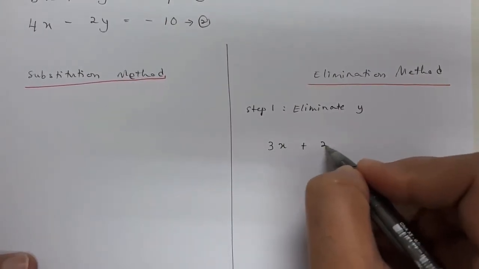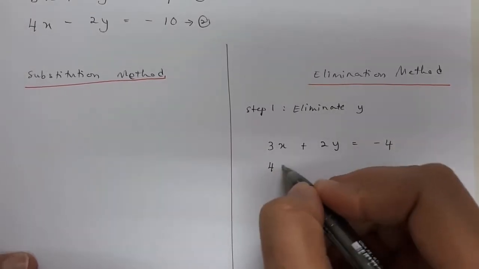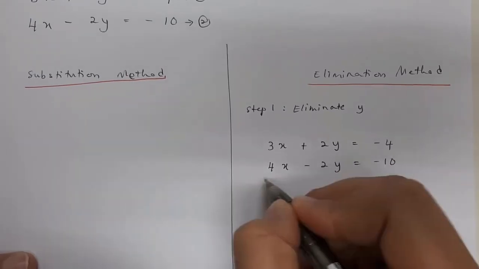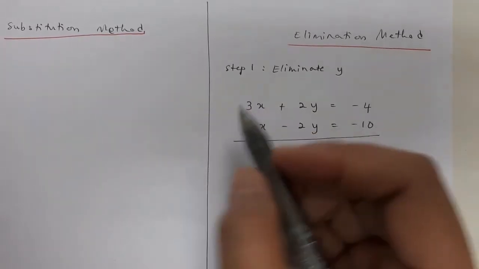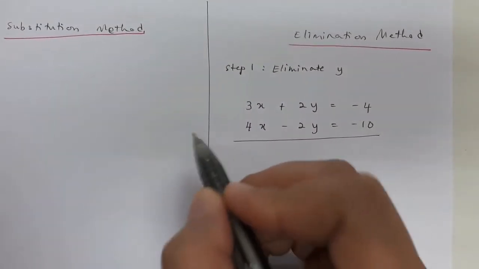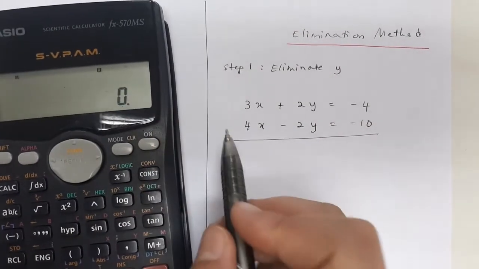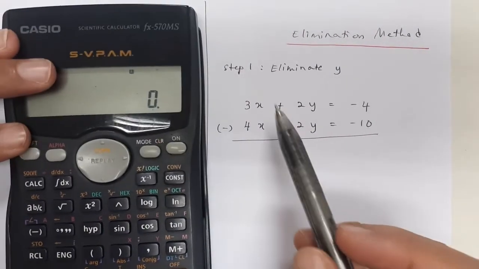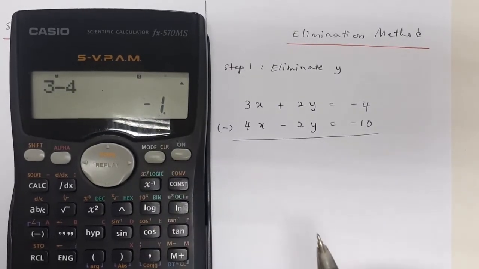3x plus 2y equal negative 4. 4x minus 2y equal negative 10. So now, we need to decide either to put the plus sign or the minus sign here. Okay, let's see. If we put minus sign, 3 minus 4x is negative 1.